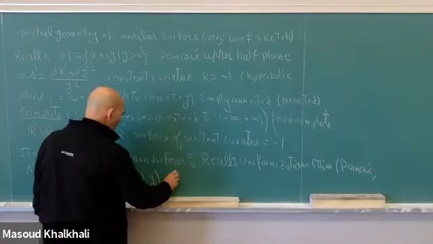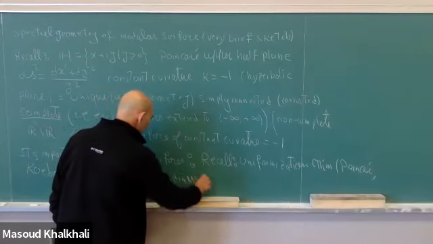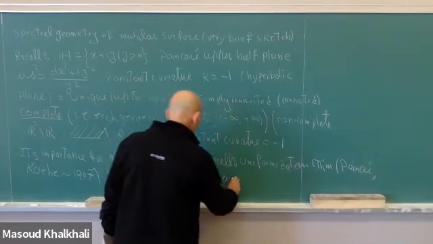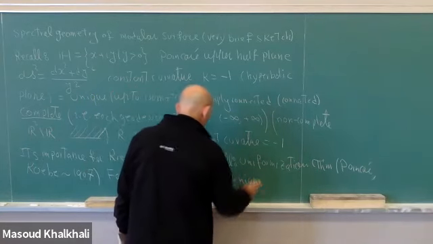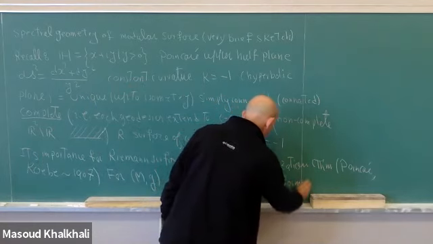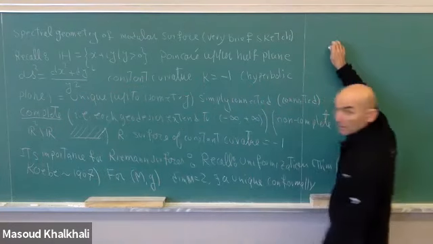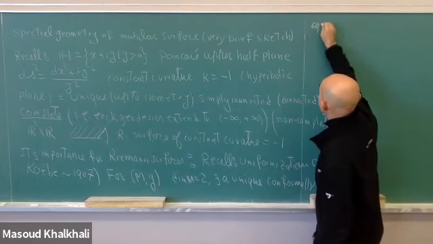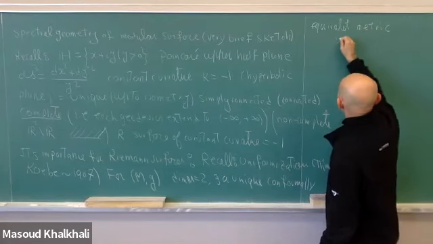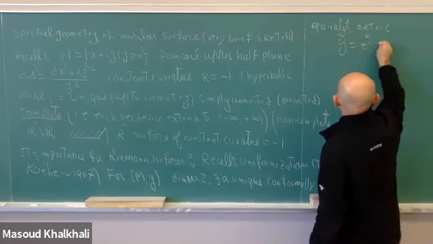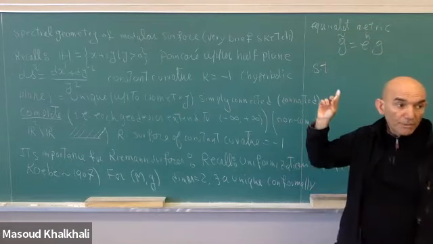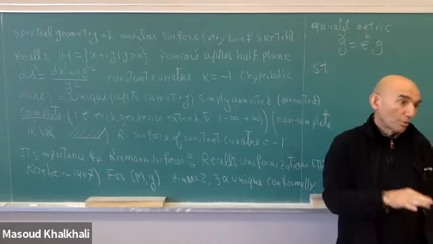For any (M, g) with dimension of M equal to 2, there exists a unique conformally equivalent metric g tilde equal to e to the h times g, such that this new metric has constant curvature, either 1, 0, or -1.